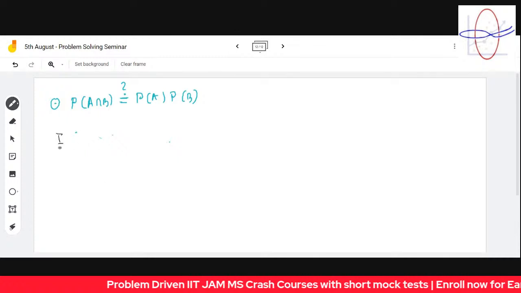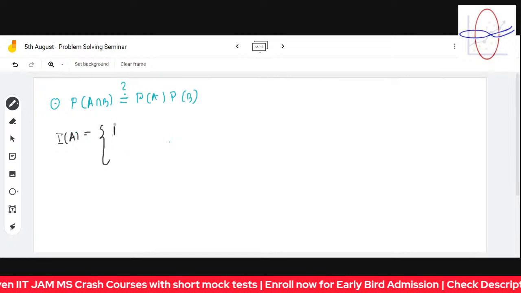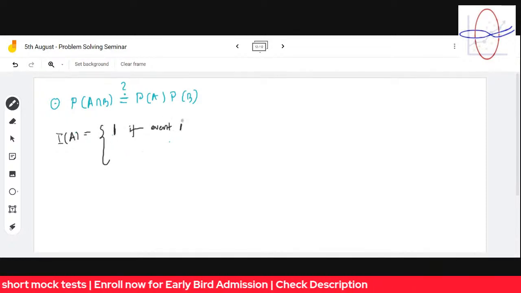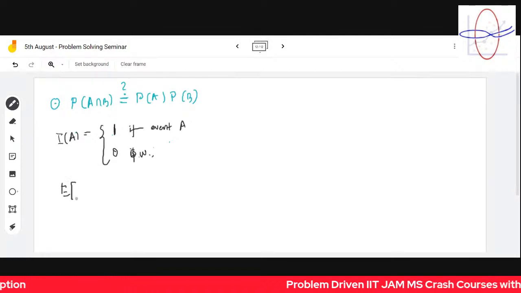Indicator random variable I of A is a random variable that is 1 if event A happens, 0 otherwise. So what will the expectation of I of A be?